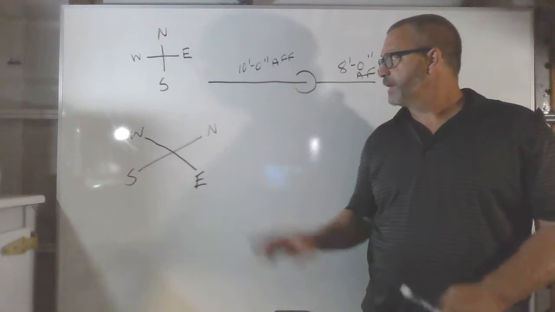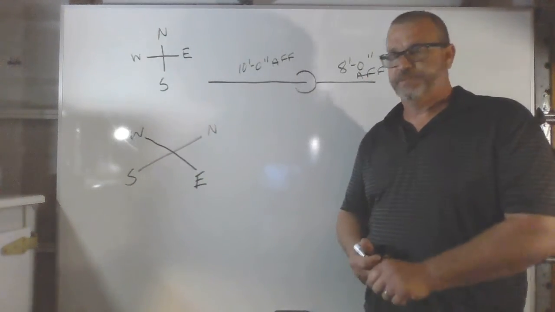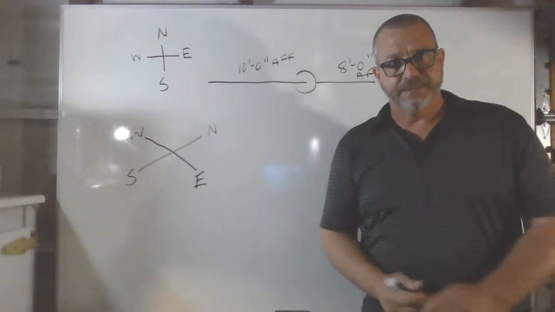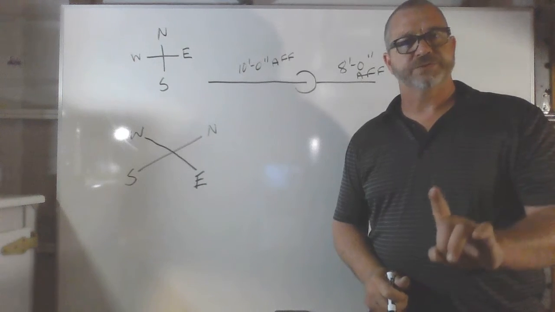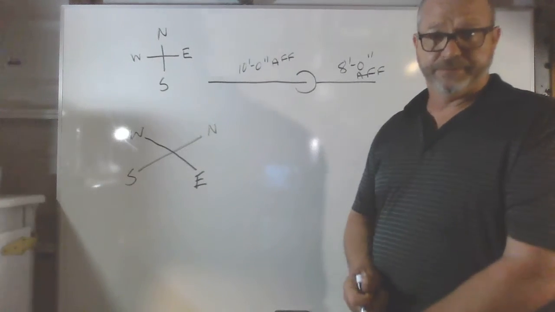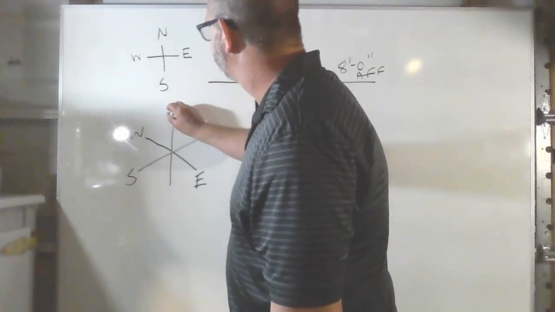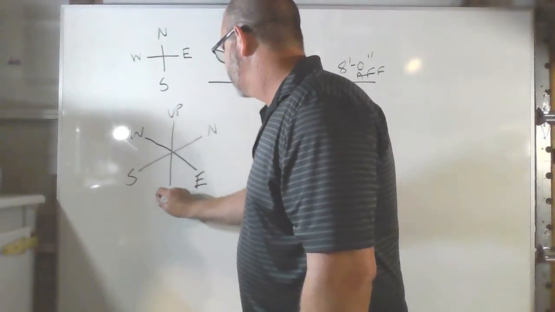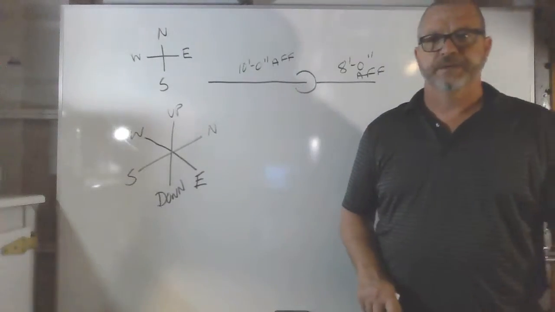So, okay, north, south, west, east. If that's the case, on an isometric compass, you will have also vertical, up and down. Okay?